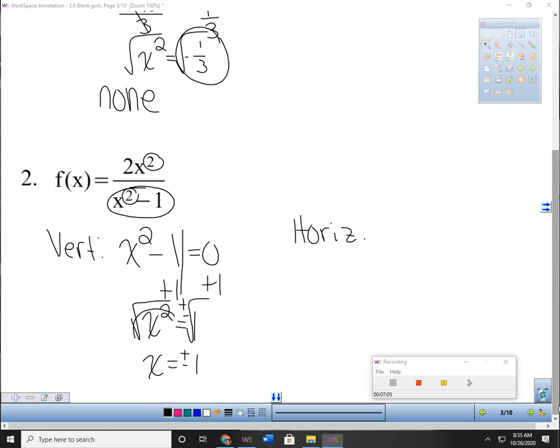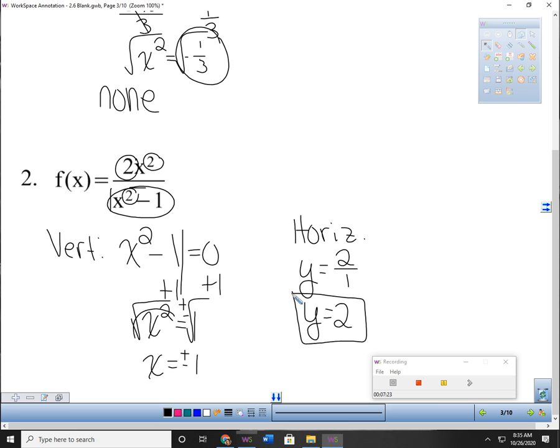The leading coefficient is the one in front of your biggest degreed term, right? So I've got a 2, and in front of this x I have a 1. So I'm going to say y equals 2 divided by 1, which is just 2.